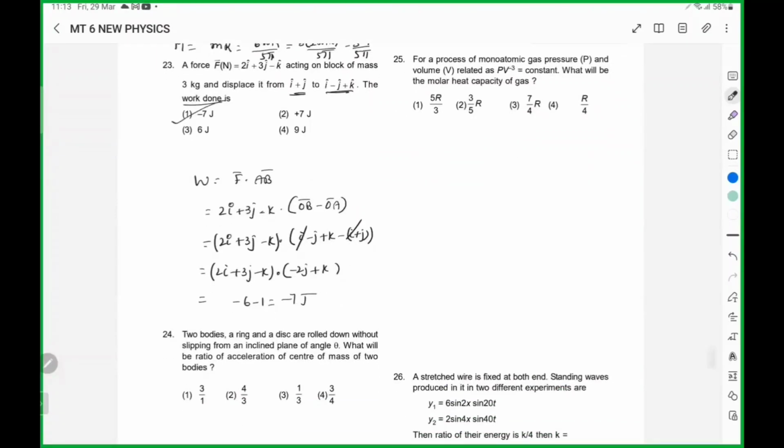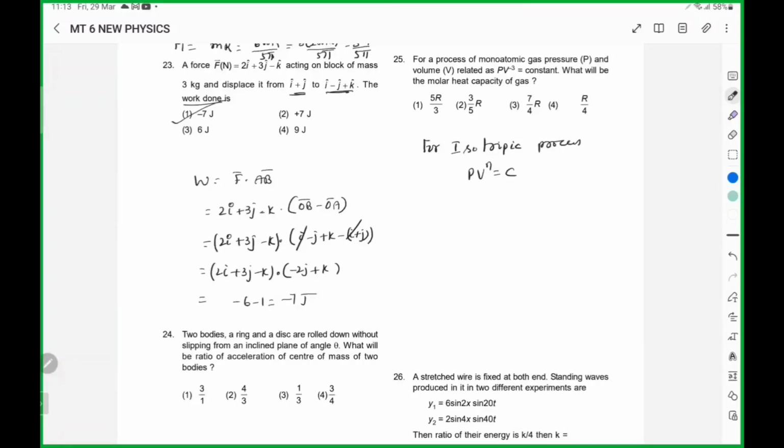For a process of a monatomic gas, pressure PV to the power minus 3 is constant. So for a polytropic process, PV to the power n is constant.